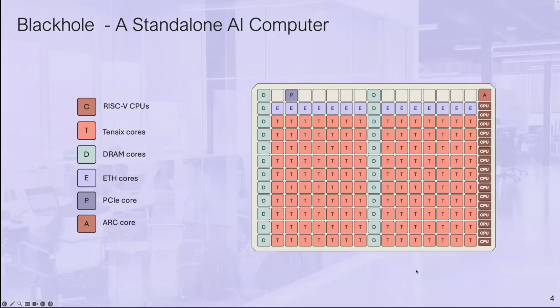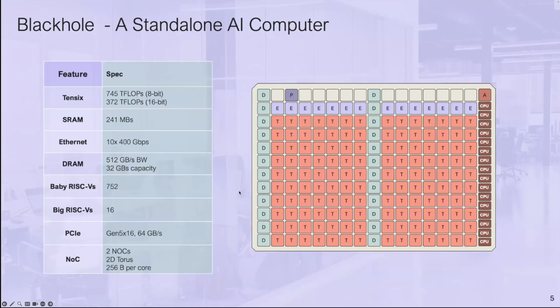So this is a zoomed-in photo of what Blackhole looks like. As I mentioned, we have these RISC-V CPU cores. We have 10.6 cores, and I'll get into the DRAM, Ethernet, and PCIe cores later. But this is what we see here from a high level. So we have our baby RISC cores, which are spread throughout all the other cores.